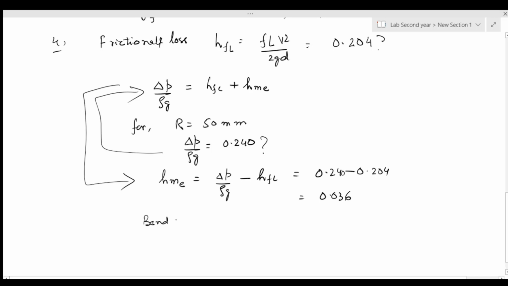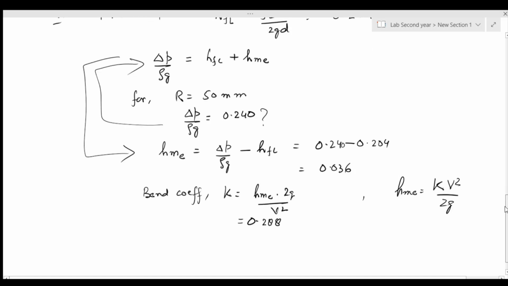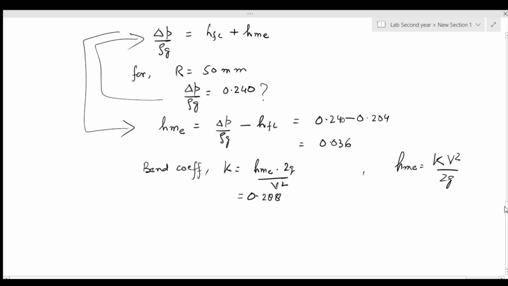There's something known as bend coefficient, K, which would be equal to HME into 2G by V square. And how did we get that? That HME is equal to K V square by 2G, from there we got that. If I put these values in here, I would get 0.288.